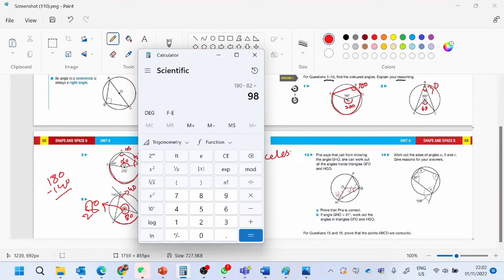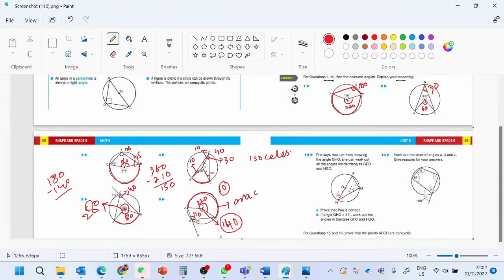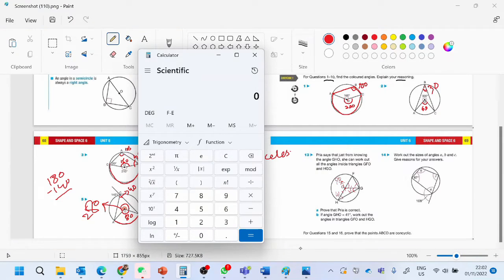This gives us 98. So this angle is 98, and the angles on a straight line again sum up to 180, so 180 minus 98 gives us 82.